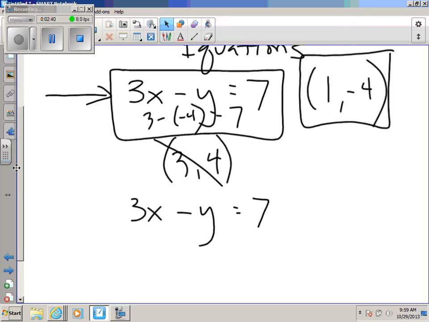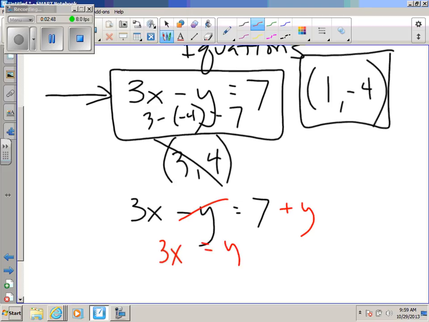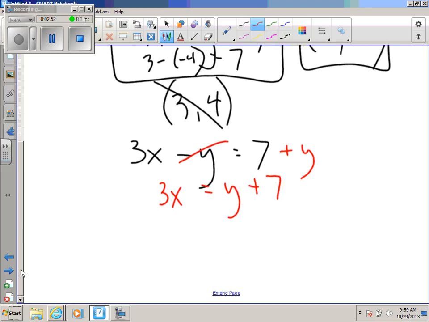Let's add y to both sides, right? So what I have is 3x is equal to, can I just go y plus 7? Okay, they're both positive. Now what? How am I going to get y by itself?